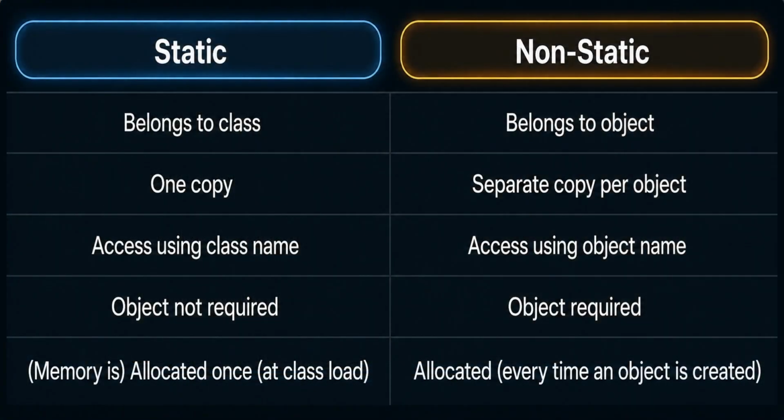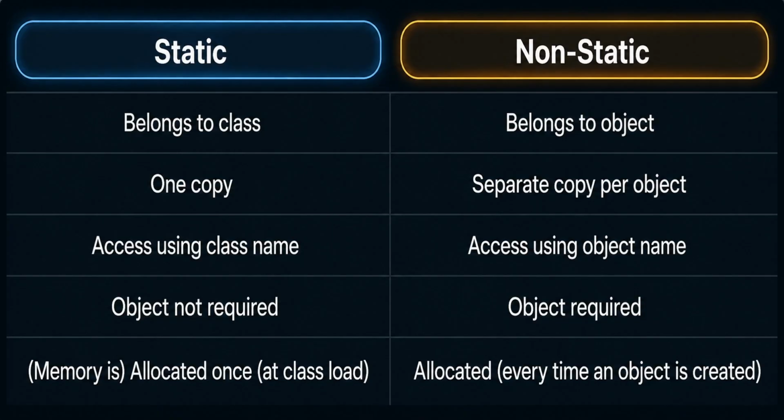Now we will see the difference between static and non-static. The key difference is ownership. Static members belong to the class and are shared among all objects, while non-static members belong to individual objects, and each object has its own separate copy.